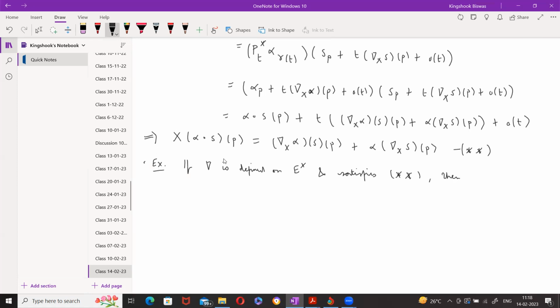And then part A: for any curve gamma, if capital D dt and let me write it as D tilde dt are the covariant derivatives along gamma for E and E star.